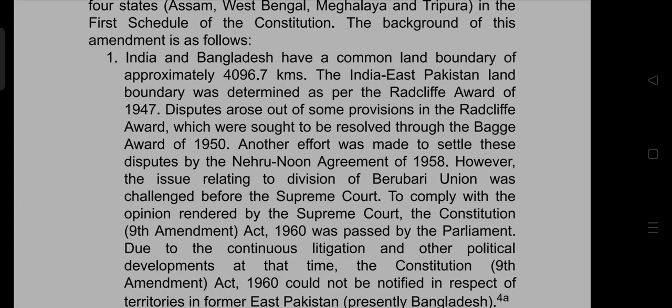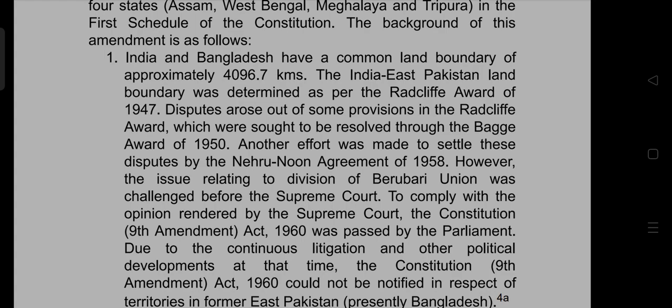Disputes arose out of some provisions in the Radcliffe Award, which were sought to be resolved through the Bagge Award of 1950. Another effort was made to settle these disputes by the Nehru-Noon Agreement in 1958.